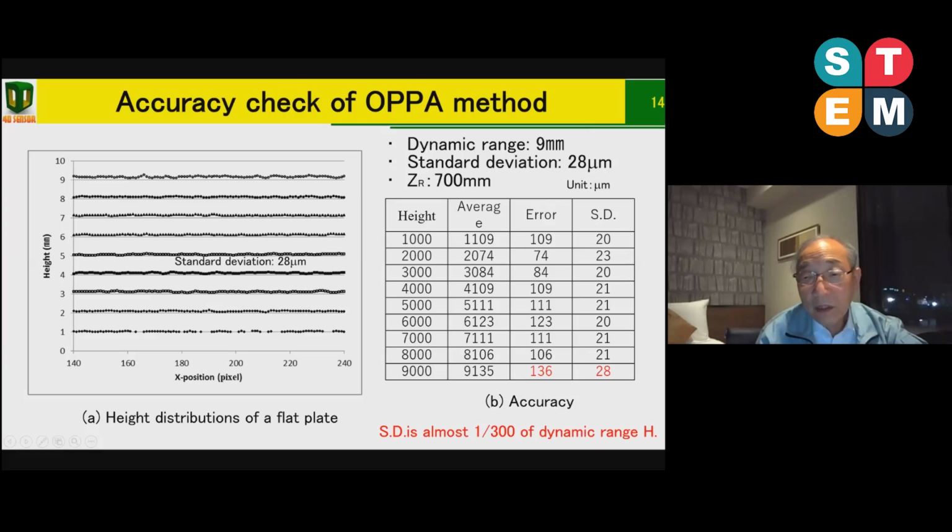The error at 9 millimeters is 136 micrometers, and the standard deviation is 28. The standard deviation is almost 1/300 of the dynamic range, H is 9 millimeters. So the accuracy is not so bad.